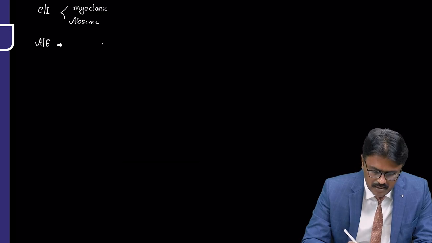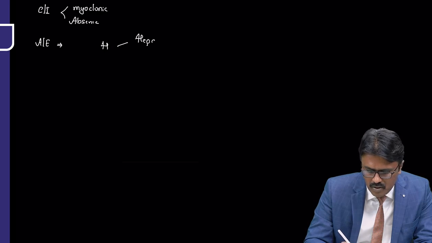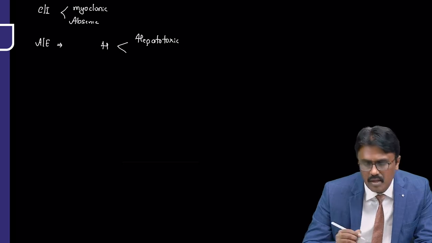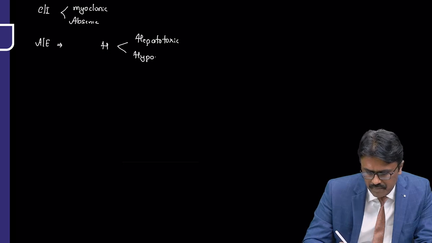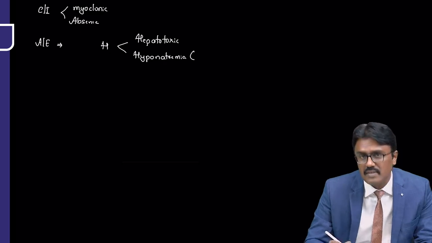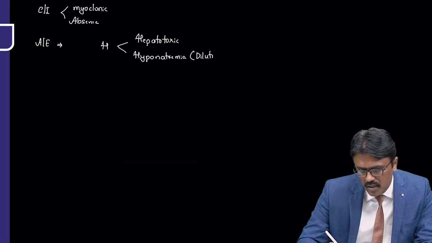You can remember it as HAT, H for hepatotoxic. The drug is hepatotoxic. Number 2, it causes hyponatremia. The hyponatremia is called dilutional hyponatremia. What is it called? Dilutional hyponatremia.